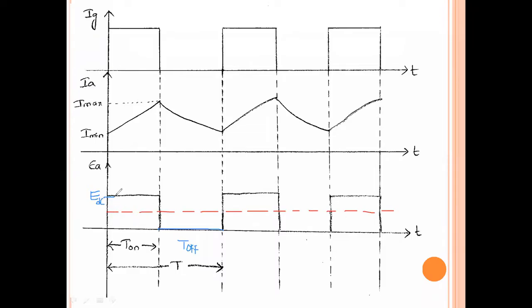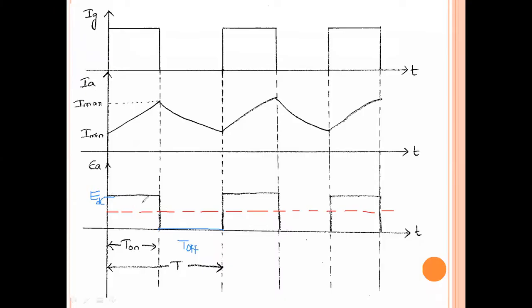This is the on time period voltage, and this is the off time period voltage, where in the off time period the voltage is not applied across the armature terminals, which means the voltage is 0 for this duration, and the voltage is EDC, the input supply value, for this duration.